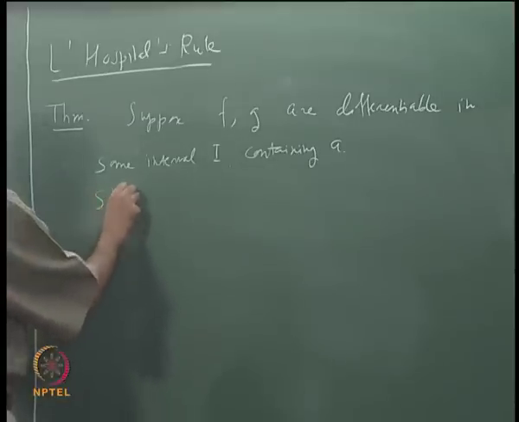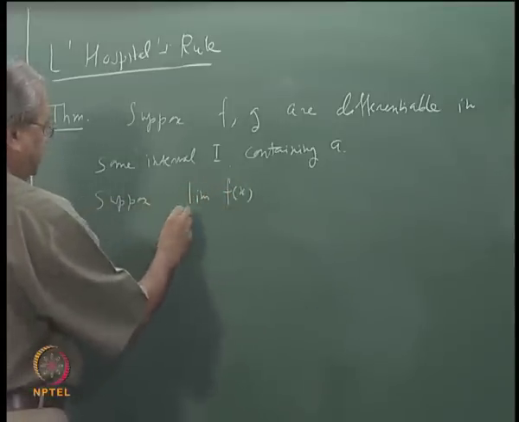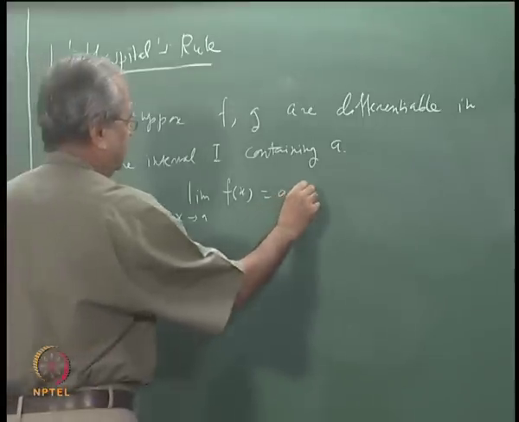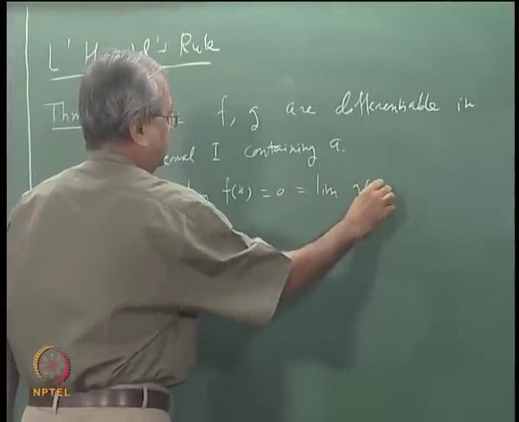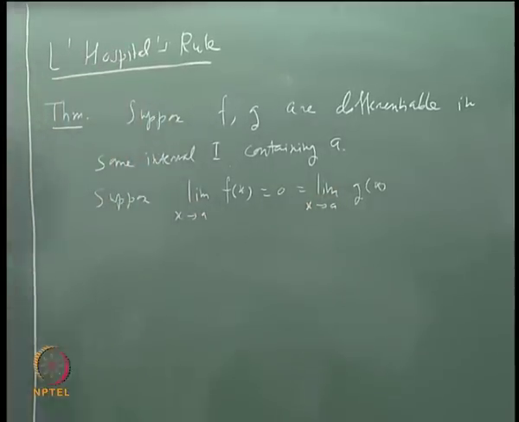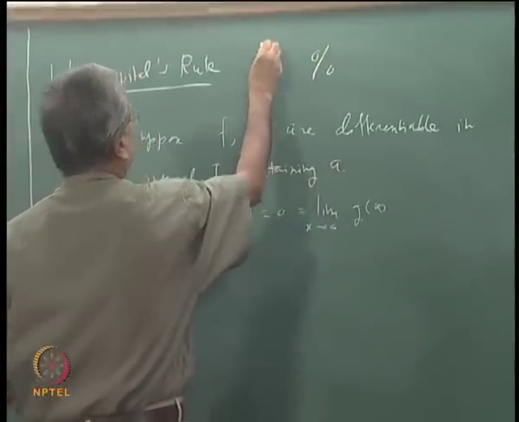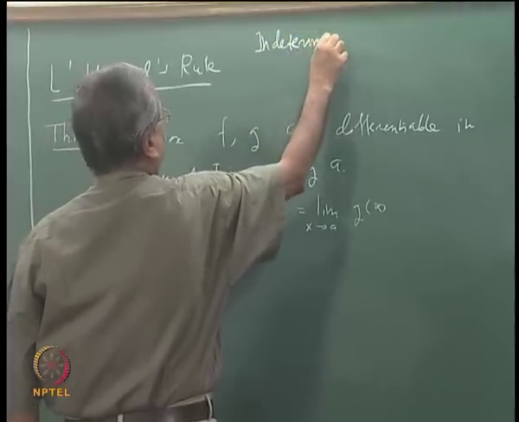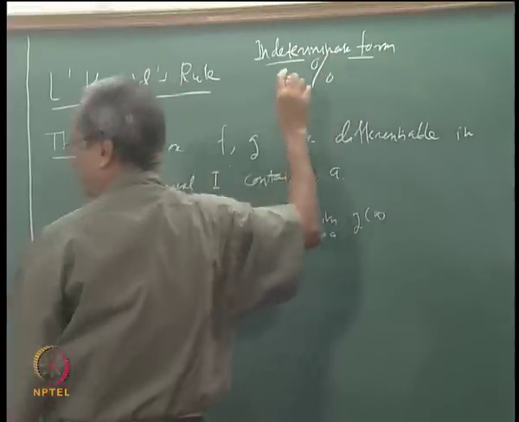Suppose further that limit of f(x) as x tends to A is 0 and limit of g(x) as x tends to A is also 0. This is the so called indeterminate form 0 by 0, that is how it is usually described.